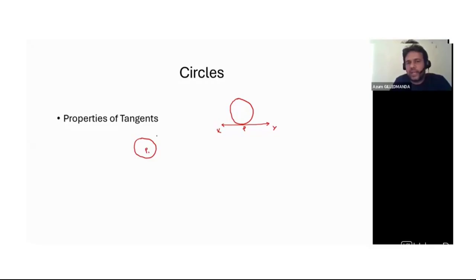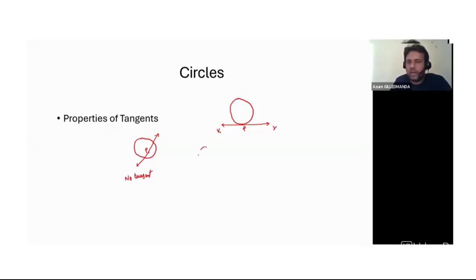Inside the circle, if I draw a line passing through P, that is your secant, but that's not a tangent. So we cannot draw tangents from a point inside the circle. So no tangent.